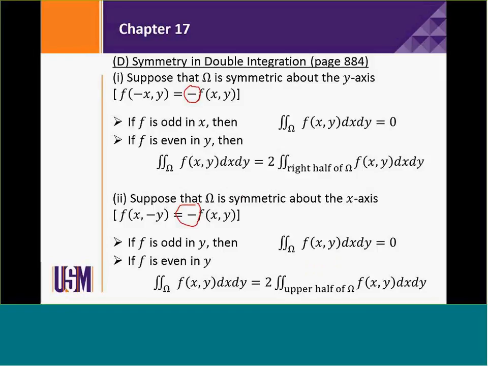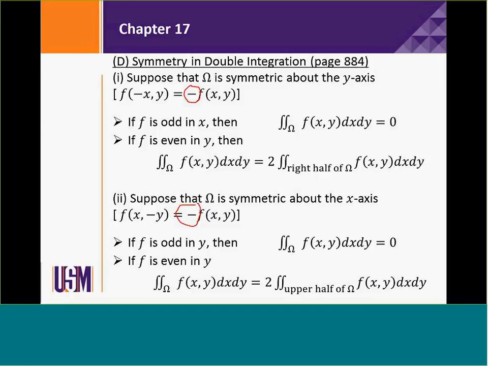It just says that if the region omega is symmetric about the y-axis, and if f is odd, then the double integral of the function is 0. If f is even, then it is 2 times the integral over one half of the region.